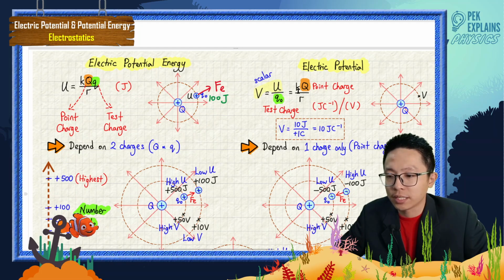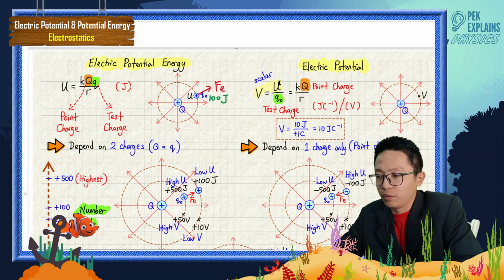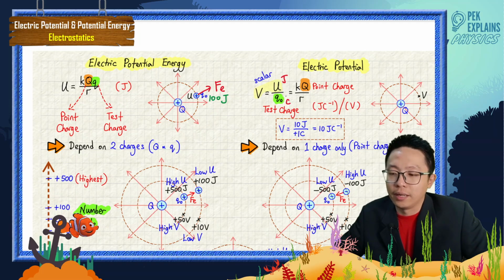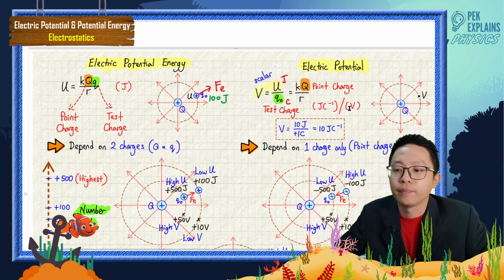So the formula is left with just the point charge, kQ over r. Because it is energy over test charge, the unit is joule per coulomb. Energy is joule, charge is coulomb. So joule per coulomb is the unit for potential, or you can write it as volt.